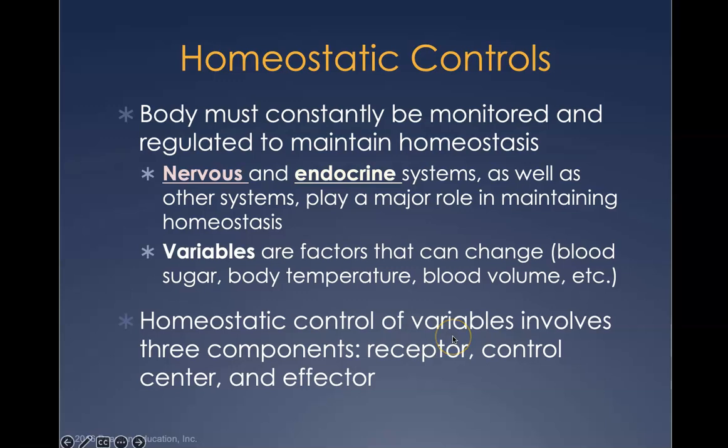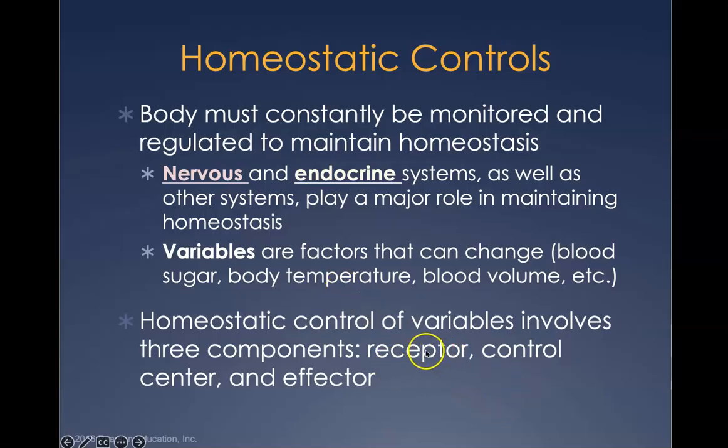So when we talk about how we control homeostasis, we have different components of what we call our homeostatic control for each of the variables. We're going to have some type of receptor that is detecting any changes in these variables, whether it's a change in blood sugar or body temperature.